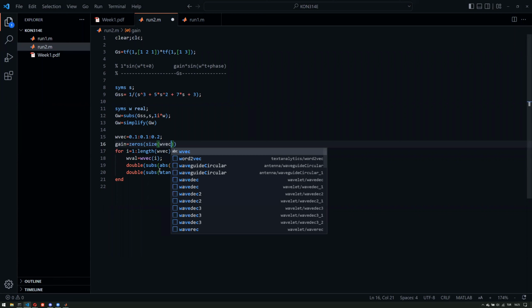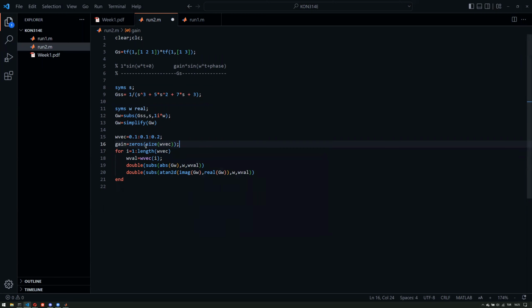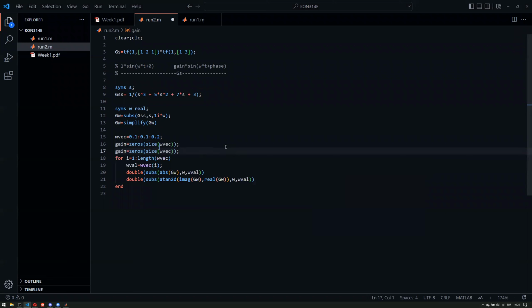So get the size of omega vec, provide it to the zeros, so it will match the size of this, but it consists of zeros. I can repeat that for the phase. And this will go to gain ith element. This will be phase ith element.